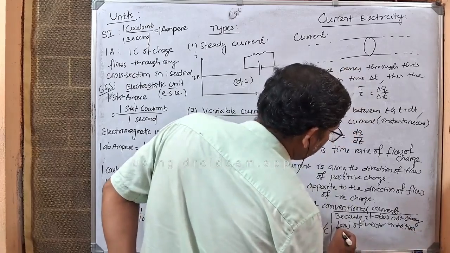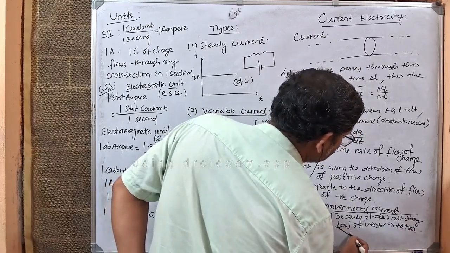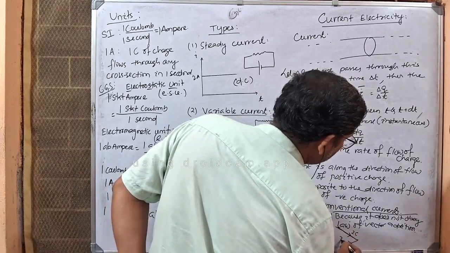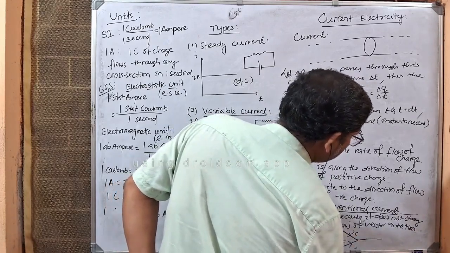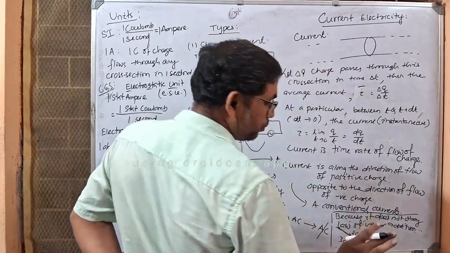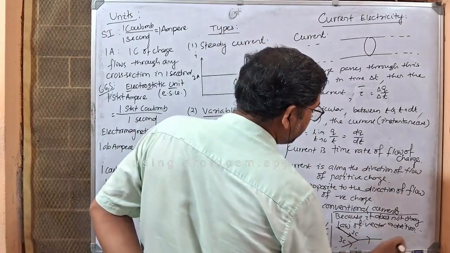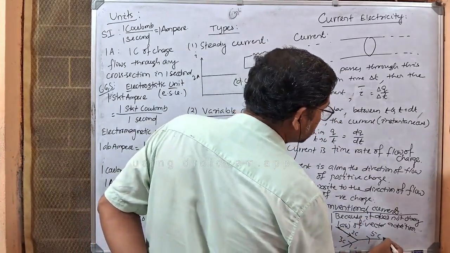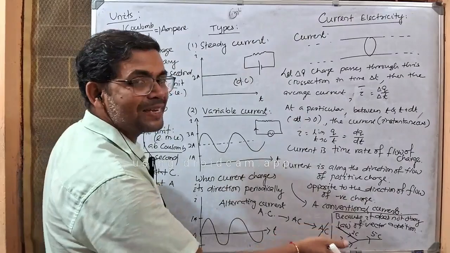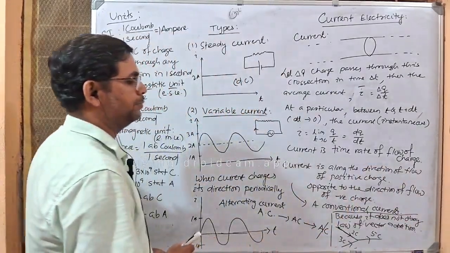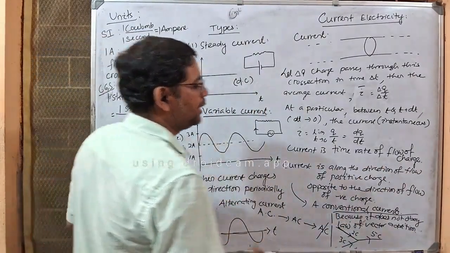That means if this wire has 2 coulomb charge and another wire has 3 coulomb charge, whatever the angle between these two currents, the final wire will always have 5 coulomb charge. It's added algebraically, not vectorially. That's why it's a scalar.